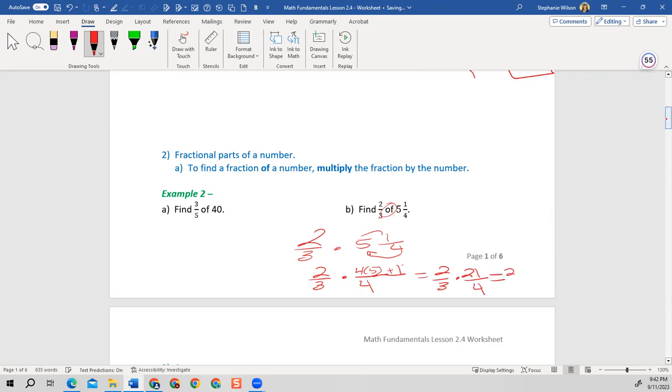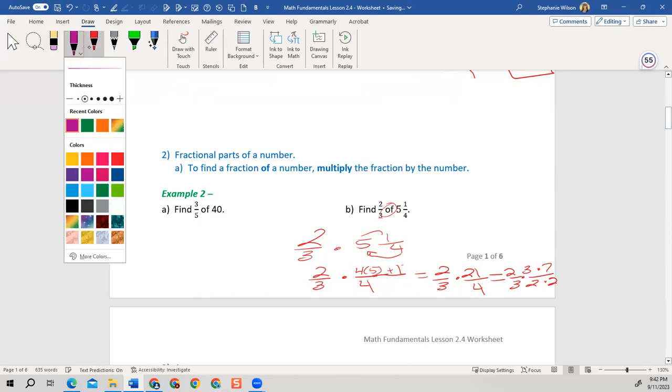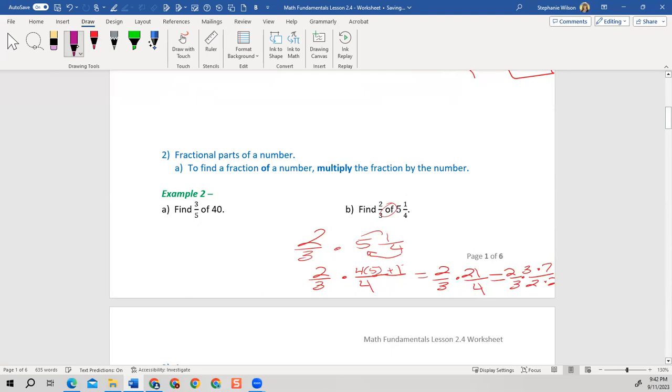And I see that I have 2 over 3, and 21 is 3 times 7 over 2 times 2, because that's 4, right? 2 times 2 gives me 4. Now let's reduce what will reduce. There's a number on top that reduces with the bottom number. Yeah, the 2s reduce and these 3s reduce.